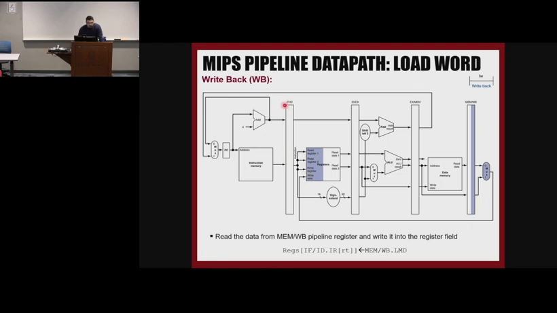Okay? So IFID pipeline is sending me the address to the register that I want to write back to, and the content that I want to write back to is already stored in the LMD register in the memWB pipeline. Does that make sense? So this is the last step.